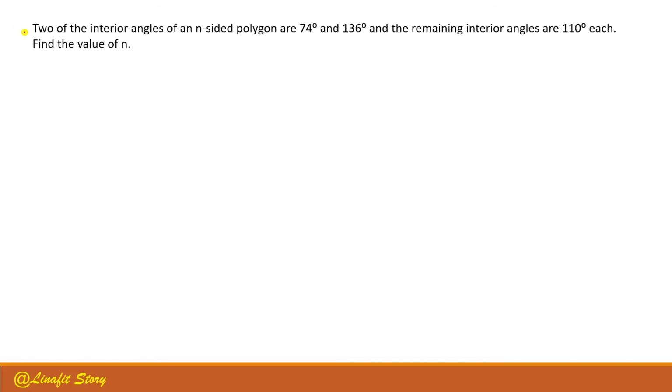Two of the interior angles of an n-sided polygon are 74 degrees and 136 degrees, and the remaining interior angles are 110 degrees each. Find the value of n. Look, the sum of interior angles of an n-sided polygon is equal to n minus 2 times 180 degrees.